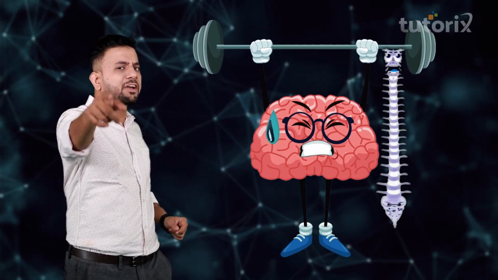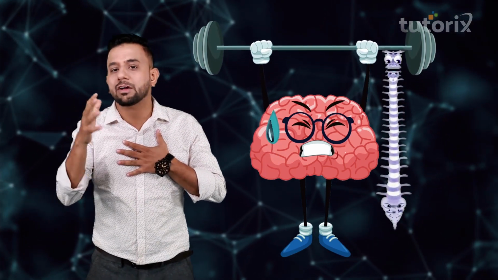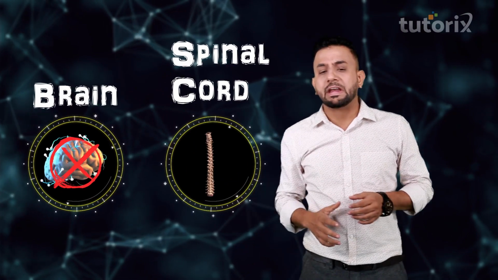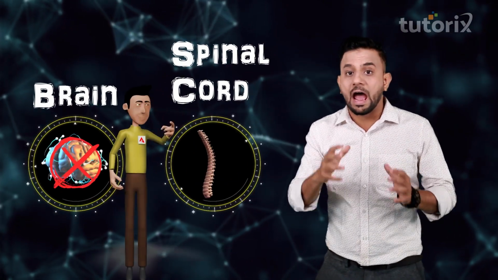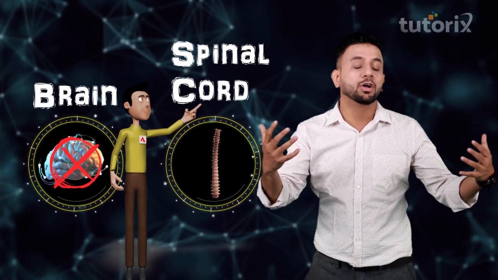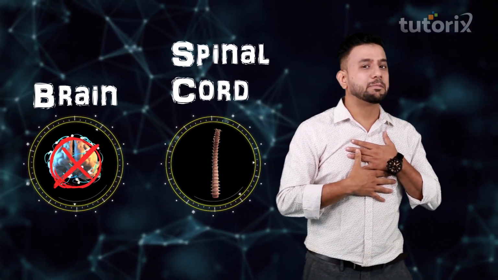Had it not been for the spinal cord, the brain would have been stressed with so much load. But the spinal cord says, hold on, my friend, I'm there for you and I will reduce your load. And hence in the reflex actions, there is not much involvement of the brain and the spinal cord acts as the coordinating center. All thanks to the spinal cord for reducing the workload on the brain.